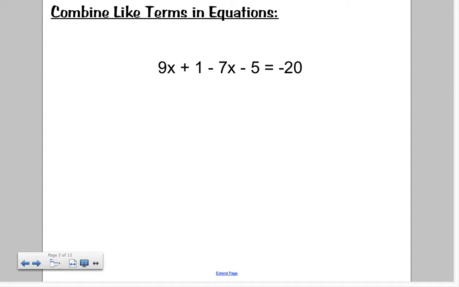Should be on the note sheet. What do you notice? Ronnie, what do you notice?